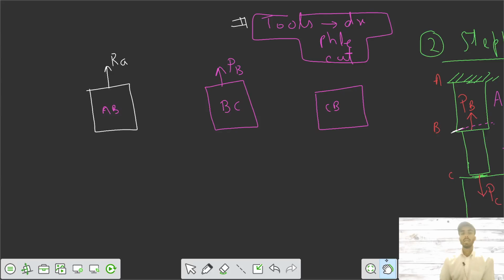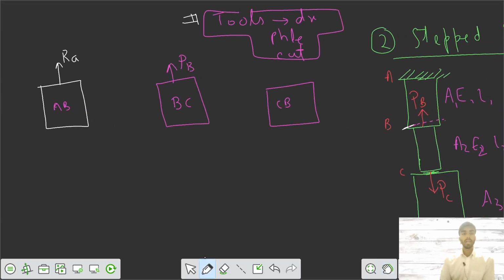So similarly, if you are applying RA here, some P internal force is also developed. It has to be in the opposite direction. P internal has to be equal to reaction A. To maintain this force equilibrium in this member, this P internal has to be equal to RA.